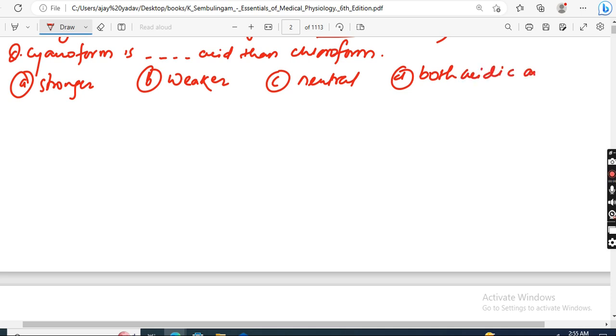So while understanding this, suppose this is your CN, and this is your H, and there is chloroform. Suppose this is Cl, and this is H. So this will withdraw electrons toward itself, right?